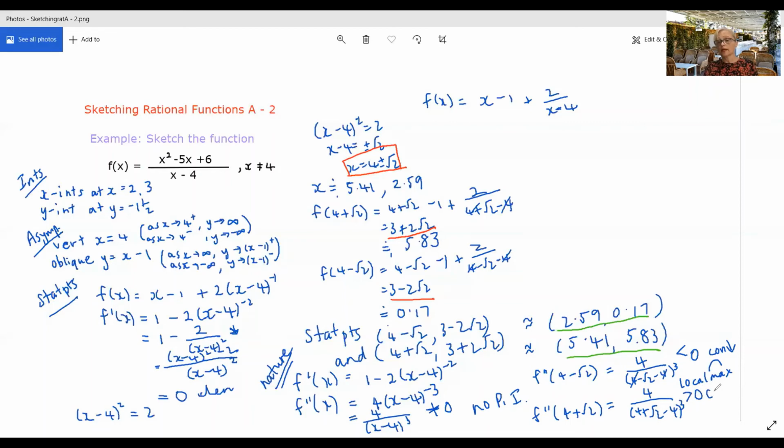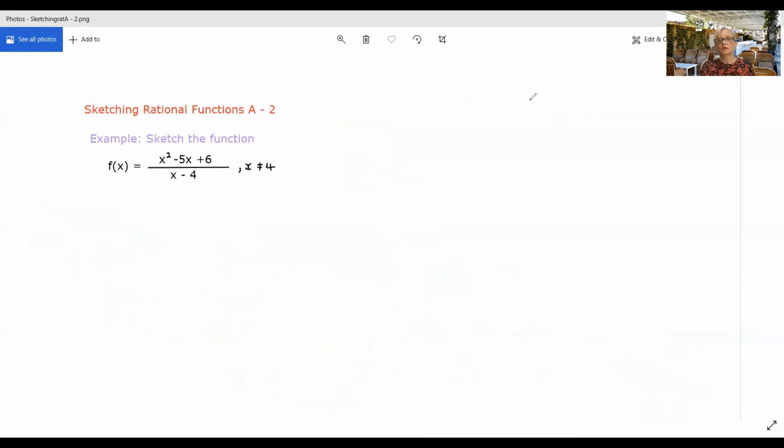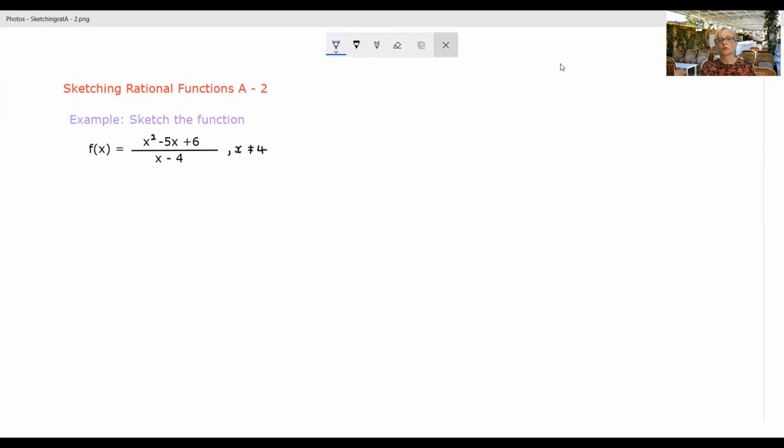So it's concave up, so that's a local minimum. So we've determined the nature of those stationary points. One of them is a local maximum, one is a local minimum. There are no points of inflection in this particular situation. We're now just about ready to pop all that vital information onto a graph. So let's just go on to our next slide and we'll do that.